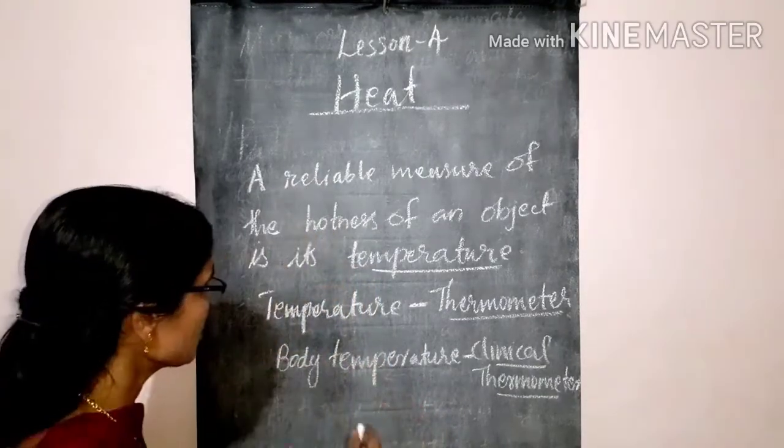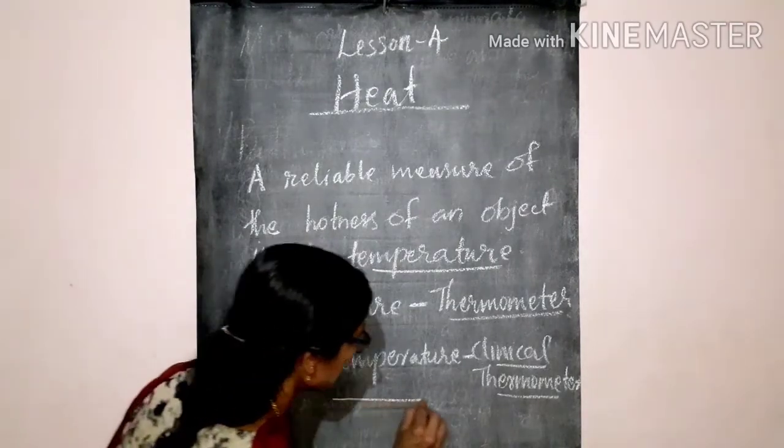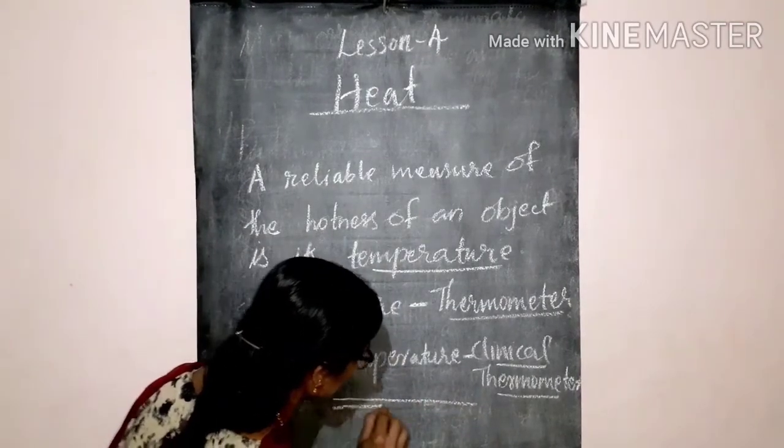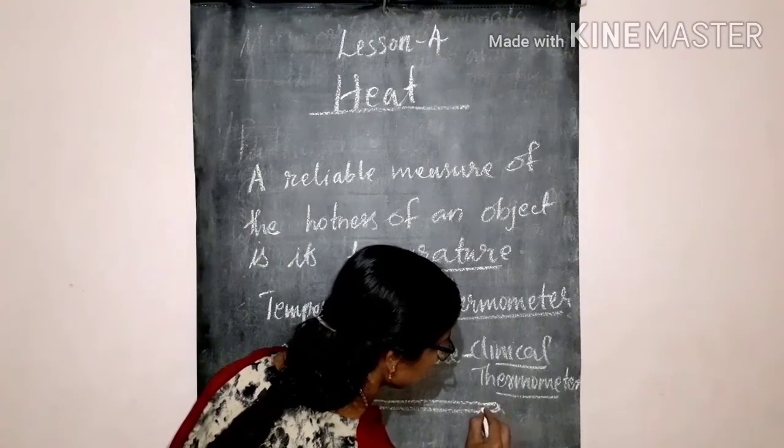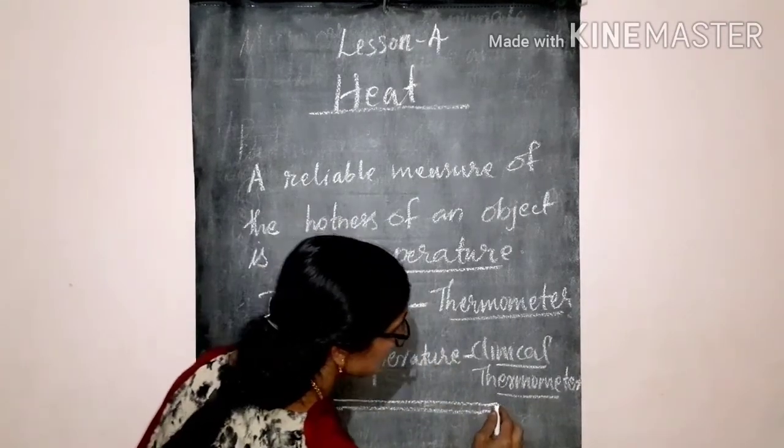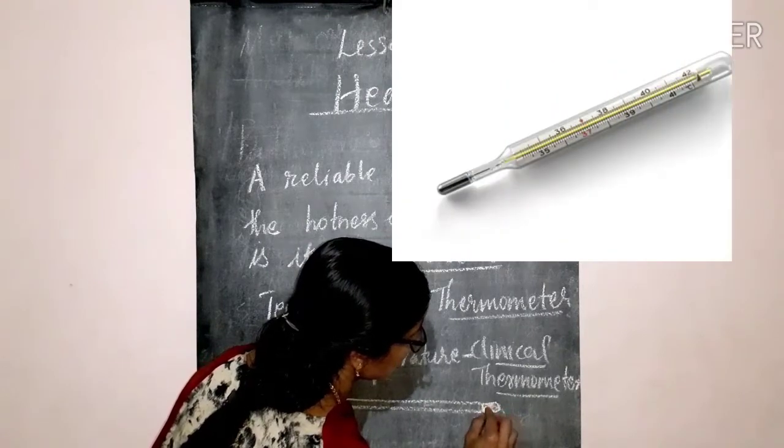The clinical thermometer is a narrow glass tube. It has one bulb at one end. The bulb is filled with mercury.